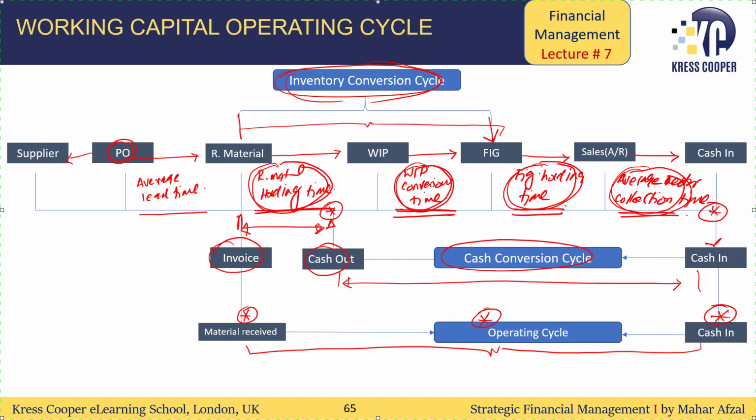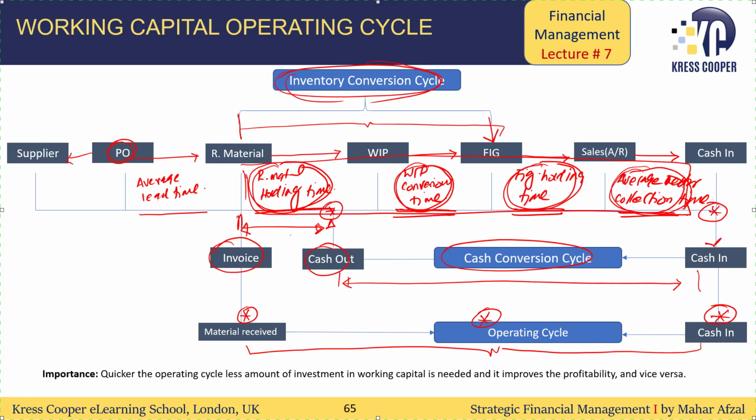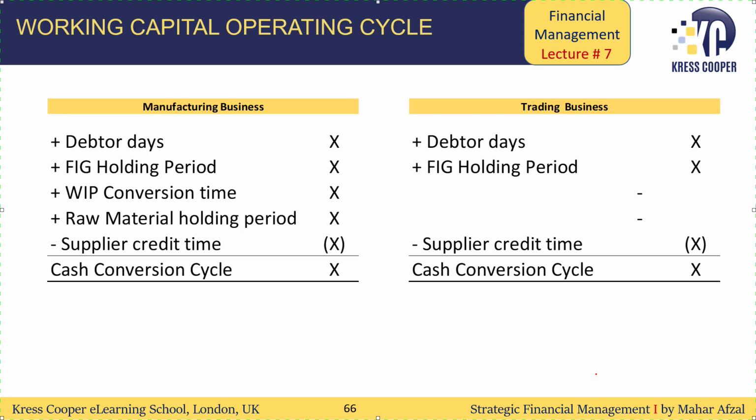So if I deduct average creditor days out of the sum of all this, it will give me the cash conversion cycle. And the importance of the operating cycle is that the quicker the operating cycle, the less investment is required in working capital, and it improves the profitability of the business as well, and vice versa.